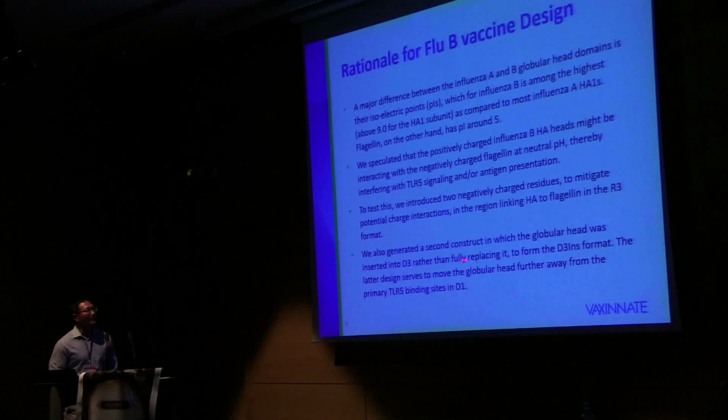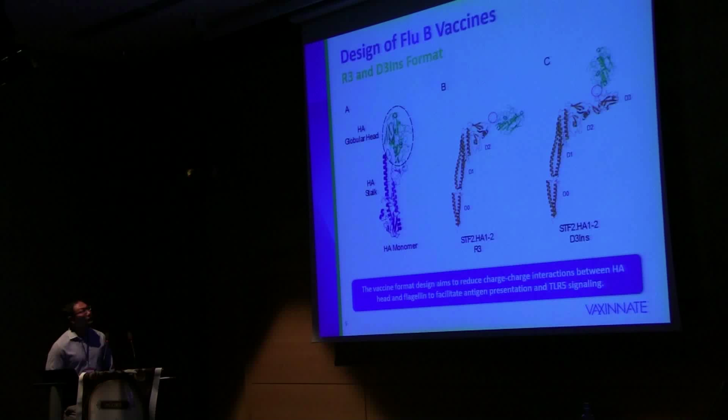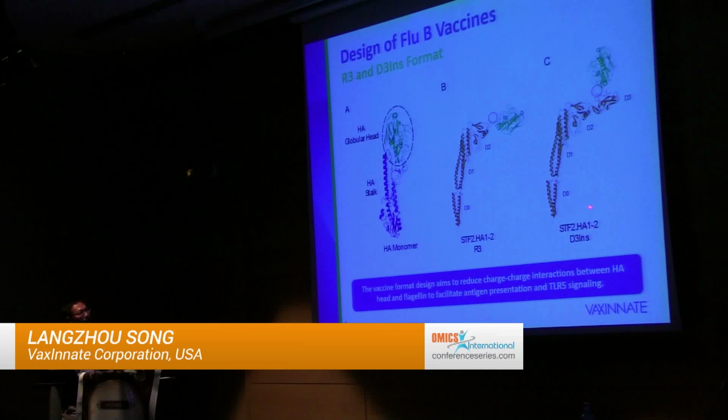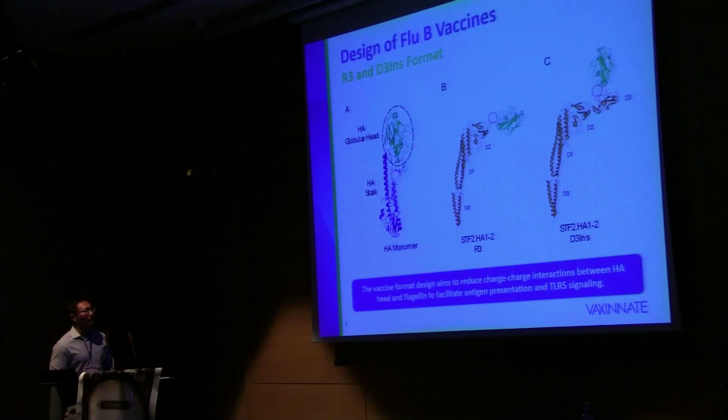We think that will improve TLR5 signaling. So in the traditional R3 format, we fuse the globular head with flagellin but introduce two negatively charged residues in the linking region. In the second format, we move the HA head farther away and insert it into the D3 domain. We call it the D3 insertion format.